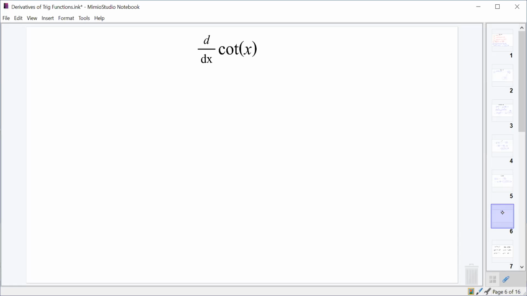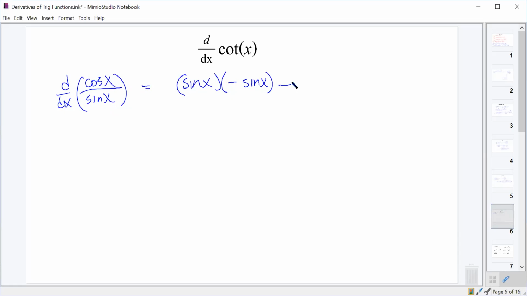Anybody have a suggestion on how we want to go about that one? The derivative of cosine over sine. Okay. The derivative of a quotient ought to be the denominator times the derivative of the numerator, which is negative sin x, minus the numerator times the derivative of the denominator, over the denominator squared.